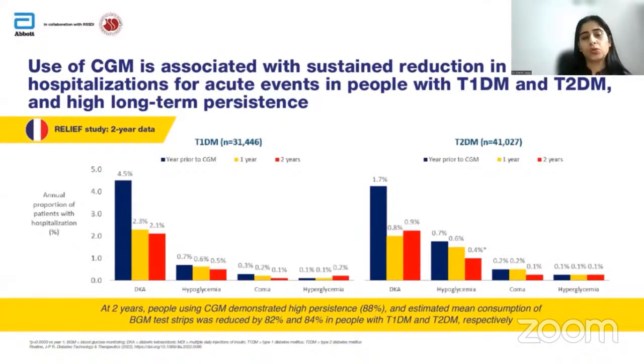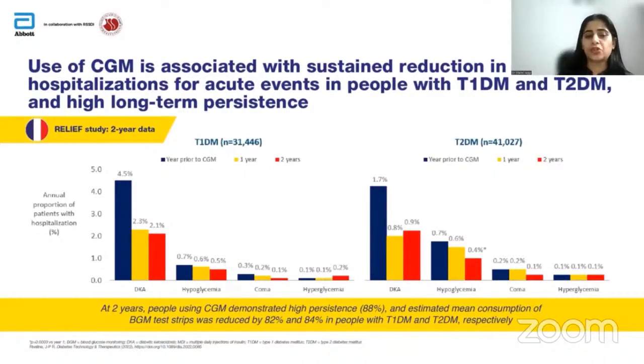What this clearly shows in both type 1 and type 2 patients is if you look at the causes of acute hospitalizations in your patients with diabetes in terms of diabetic ketoacidosis or hypoglycemia or a diabetic coma or simply hyperglycemia, you can see that prior to CGM use, the incidence rates were much higher. But as the patients start using CGM, 1 year down the line and further 2 years down the line, you can see a marked reduction in the hospitalizations for all these causes.